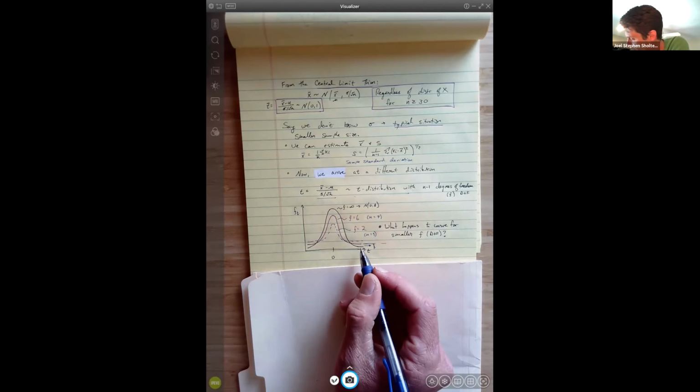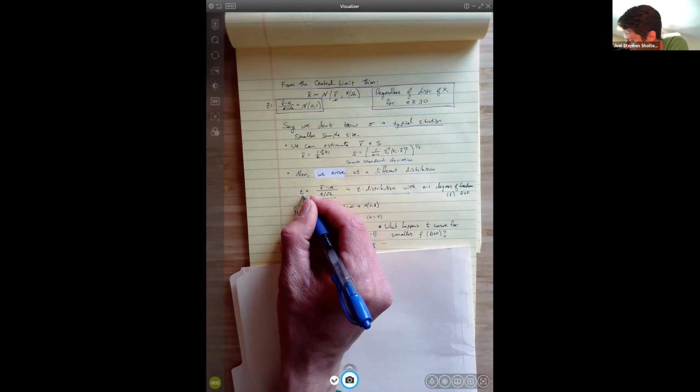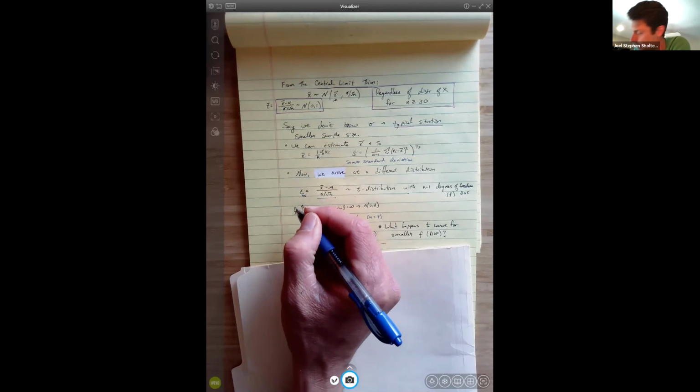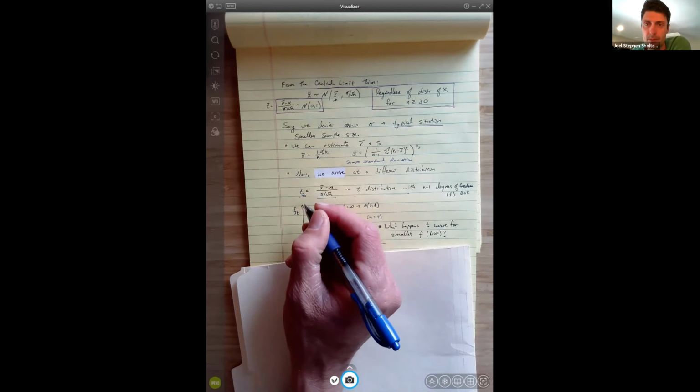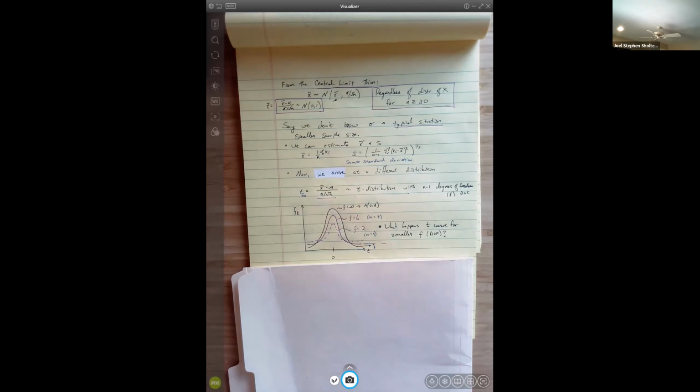So for a smaller sample size, this t value, so we'll just say I want to do a 95% confidence interval, just an upper value. So t.95, if we can look at the book real quick. That's going to be a bigger value for a smaller sample size than if we had a larger sample size.